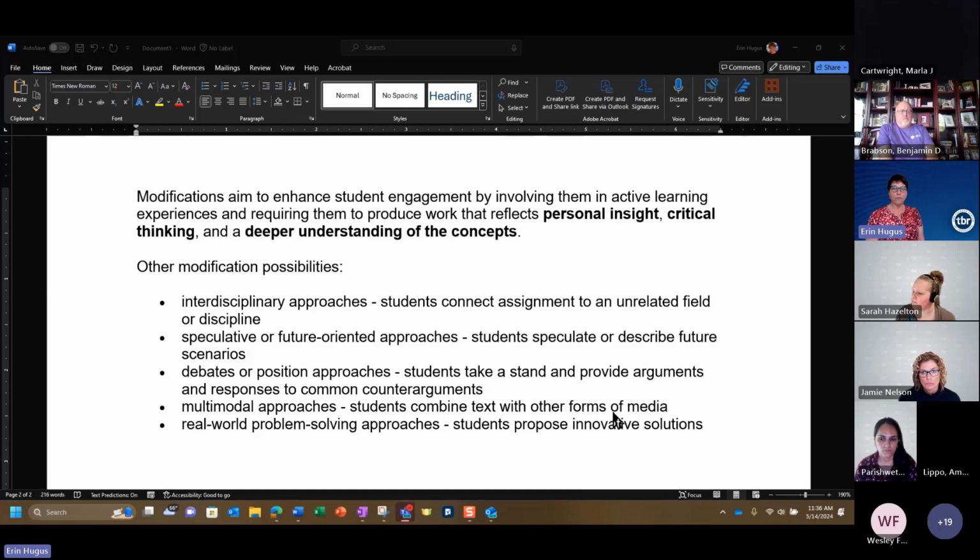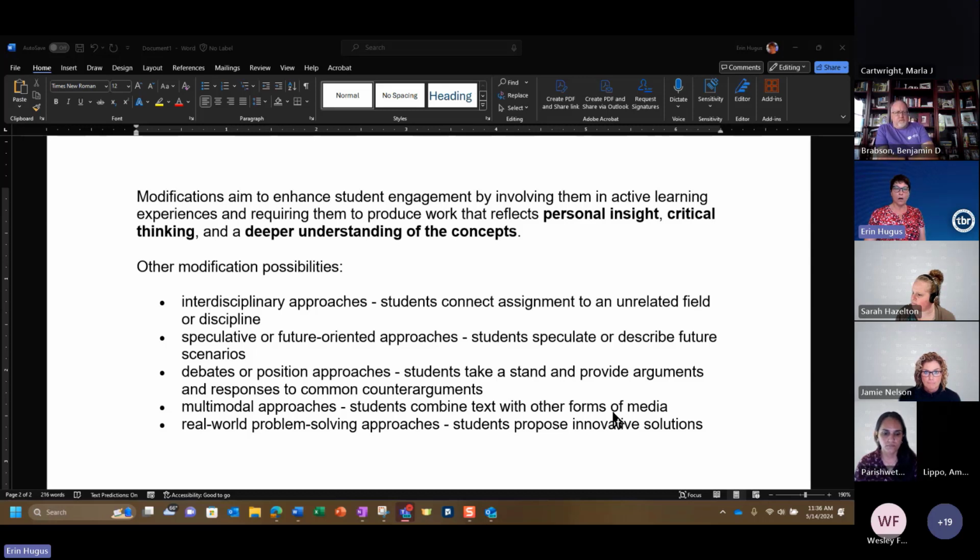Having them forecast or speculate about the future is again engaging our humanness in being able to make those connections and make those possibilities a reality. Debates or taking a position is a really great way to elevate participation and engagement, as well as making it more authentic. And you can even have students engage in debate with the AI tool itself.